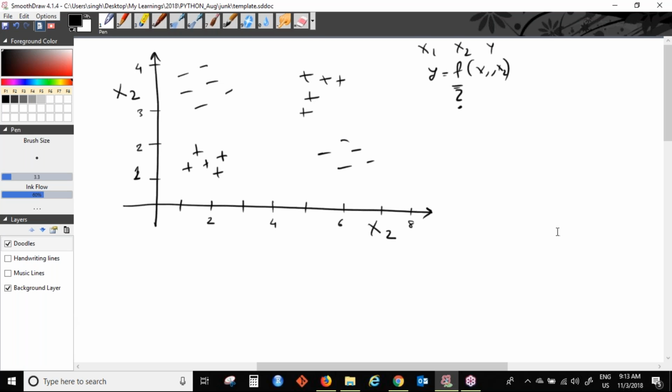Yes, here both x1 and x2 will decide, because either x1 or x2 alone is not enough to decide plus and minus. So both will together decide. So what should I write then? What should be your decision?